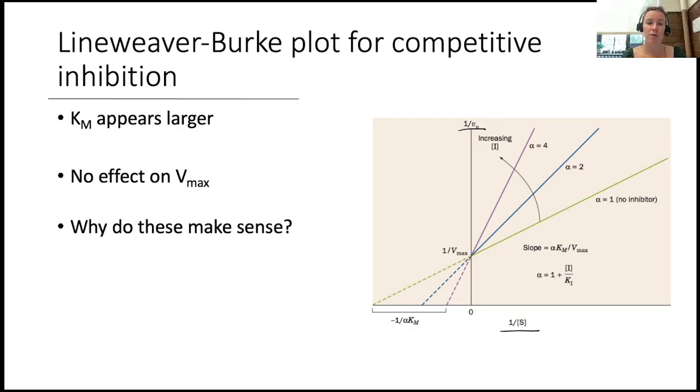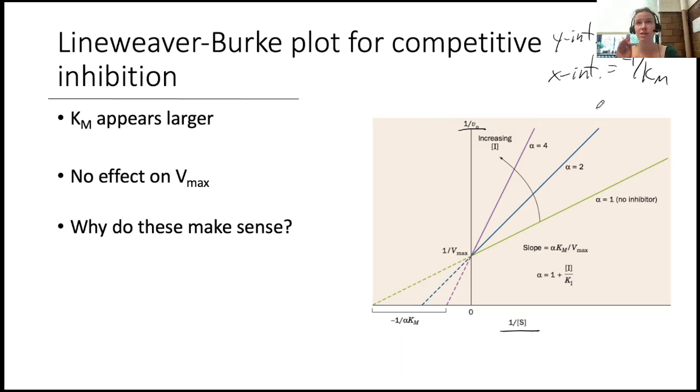Let's also keep in mind, folks, that the y-intercept is 1 over Vmax, and the x-intercept is -1 over Km. I apologize that my head is right in front of what I just drew. I need to remember not to draw in this corner.